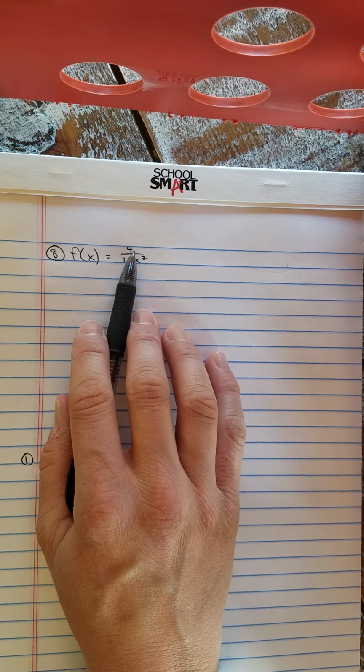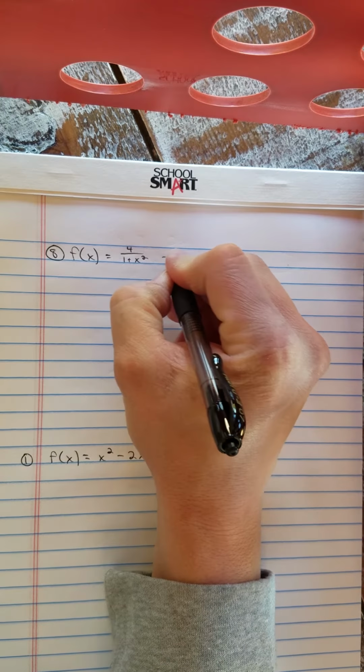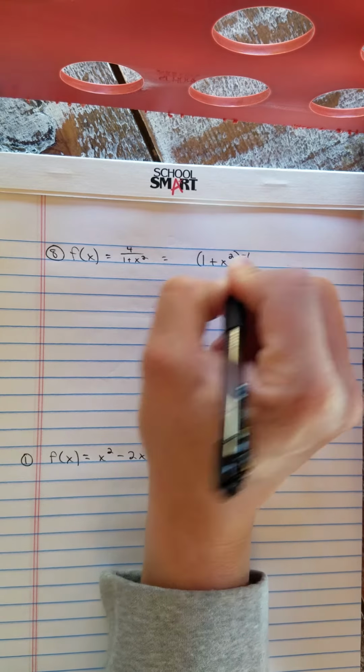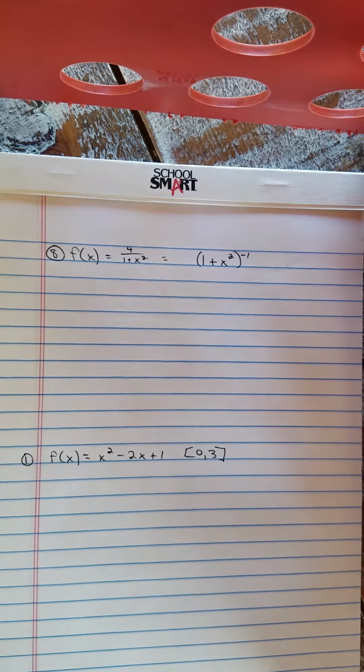Here, this is actually considerably better if we move the 1 plus x squared up to the top, give it a negative 1 exponent, because the term on top is not an expression with x, it's just a number 4.